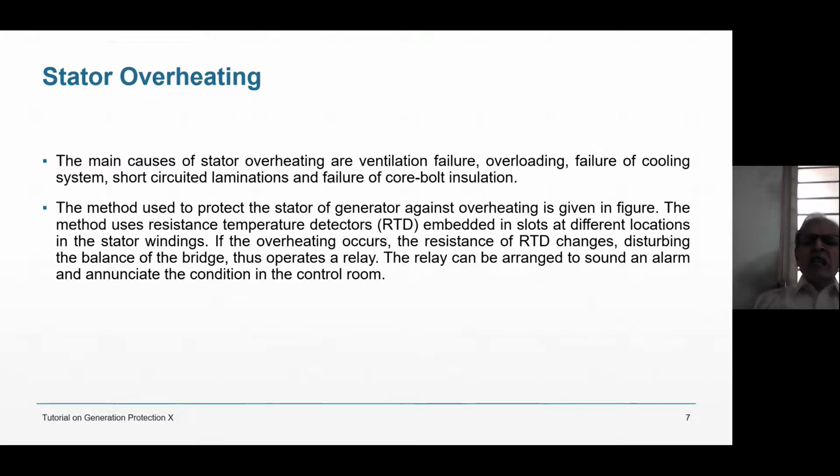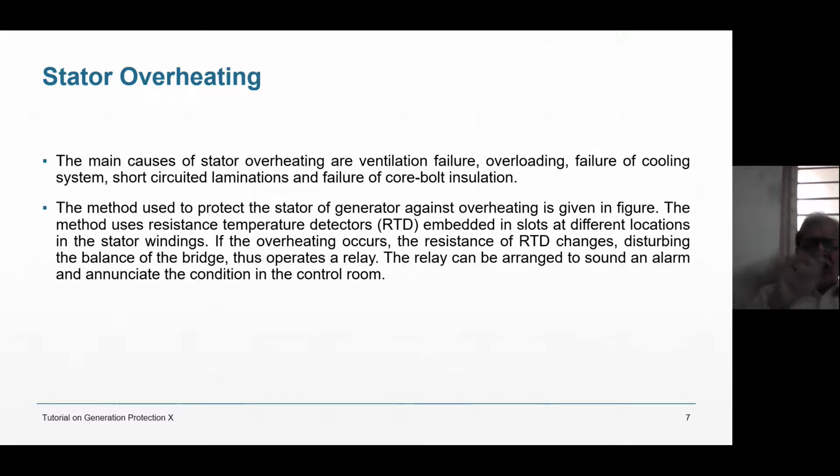Usually at many places in the stator, RTDs, resistance temperature detectors, are kept. A resistance temperature detector means there will be one resistor, the resistance of which will change very fast with increase in temperature.